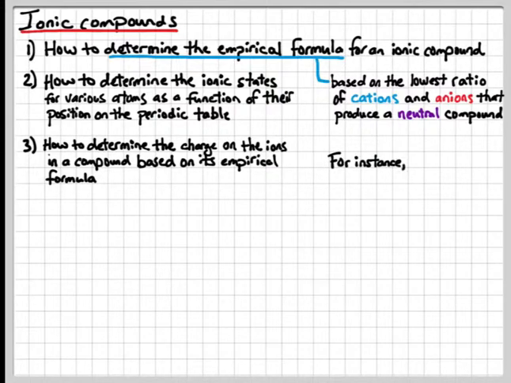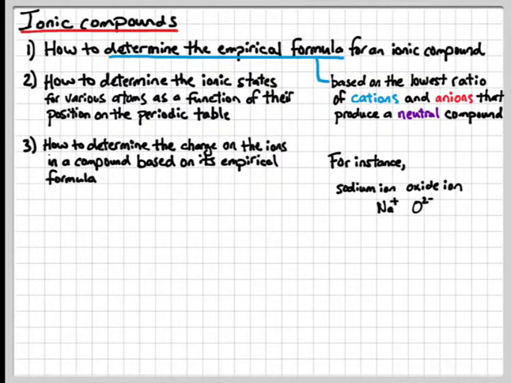So for instance, the ionic compound or salt formed from sodium ion, which is Na+, and oxide ion, which is O2-, requires that the ratio of sodium and oxide be such that we get a neutral salt. In this one it's probably pretty obvious that we need 2 sodiums per oxygen.